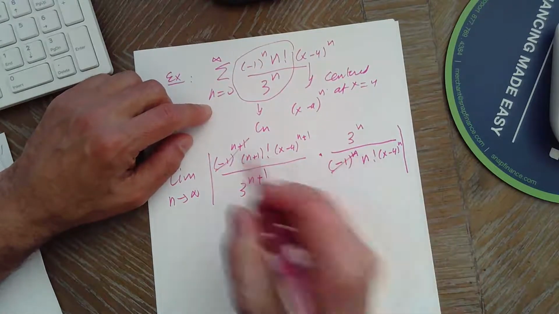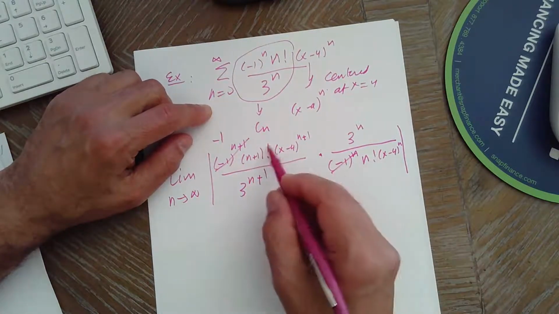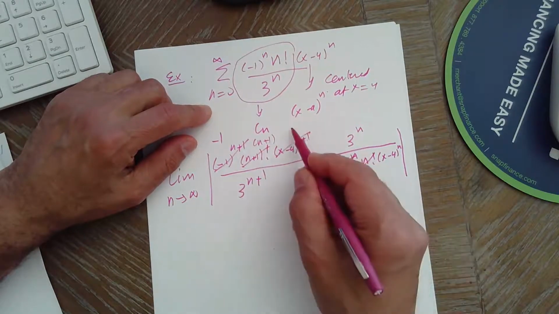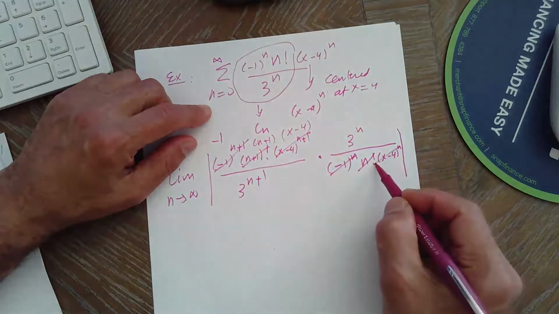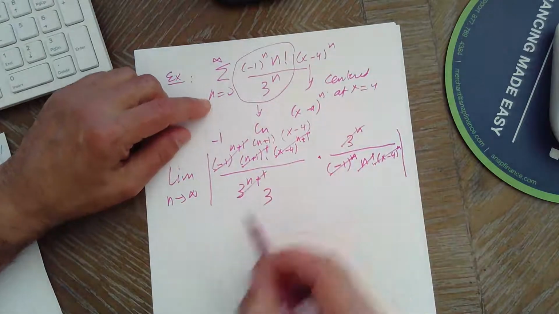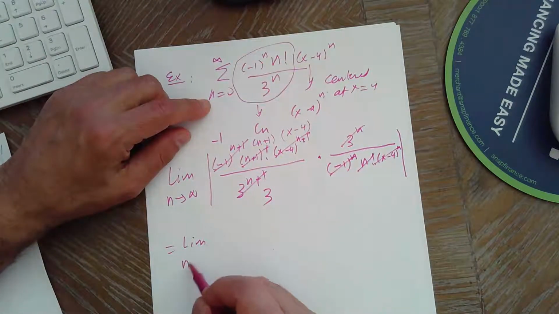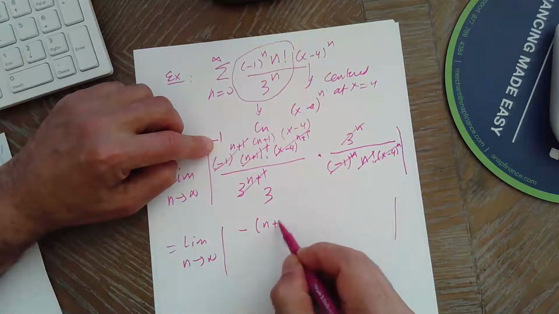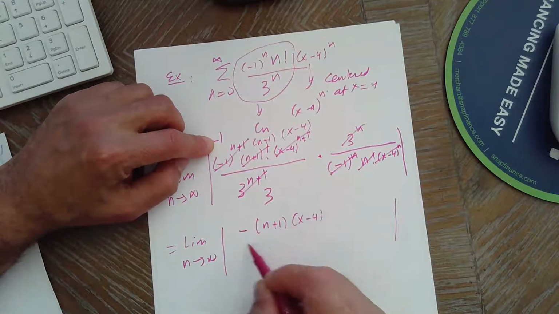So we get negative 1, n plus 1 factorial over n factorial is n plus 1, and you get here x minus 4, and that's going to give me 3 at the bottom. So the limit as n goes to infinity, absolute value of negative n plus 1, x minus 4 over 3.